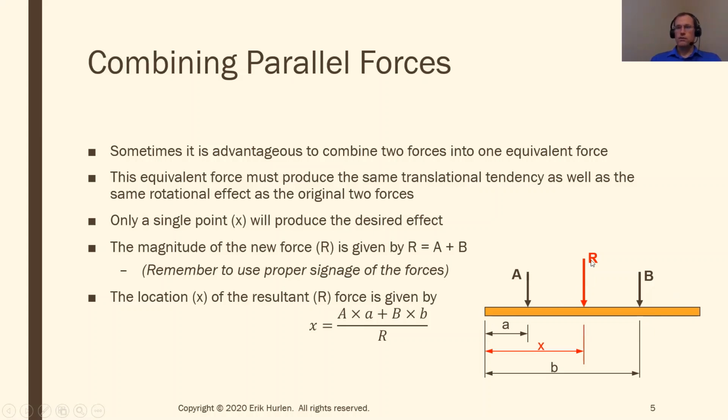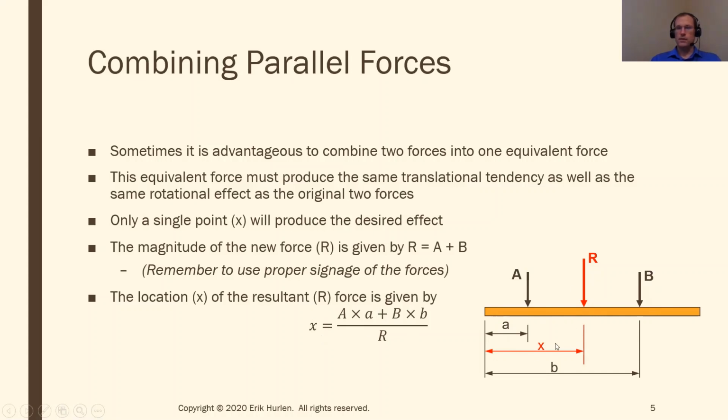And so I want R times this distance x to give me the exact same moment. This guy is also going to create a negative or clockwise moment, so I'm not going to worry too much about signs. But what I want to have is that R times x equals A times a plus B times b, so that the final moment equals the original moment. And so that's kind of how this equation is derived.